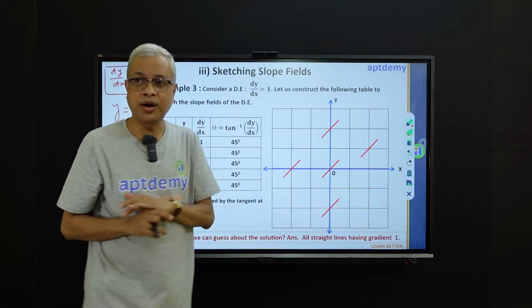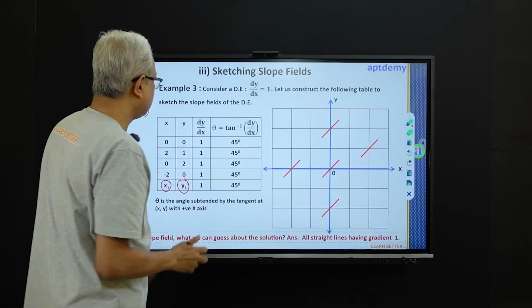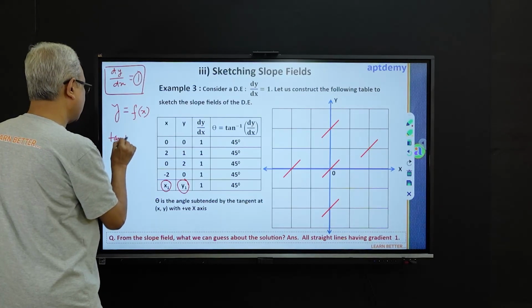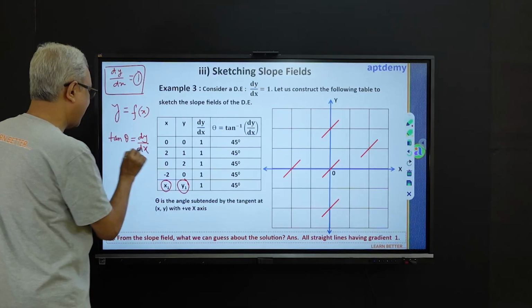dy/dx is what? It is the slope of the tangent at that point. So dy/dx is nothing but tan theta, where theta is the angle.